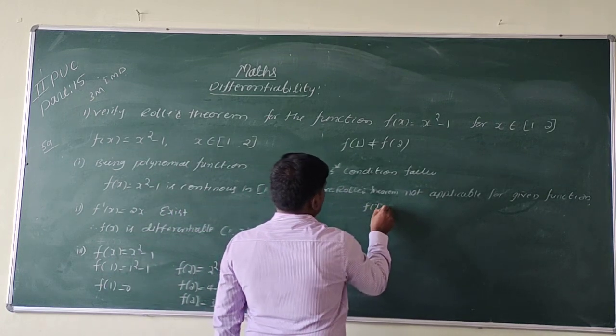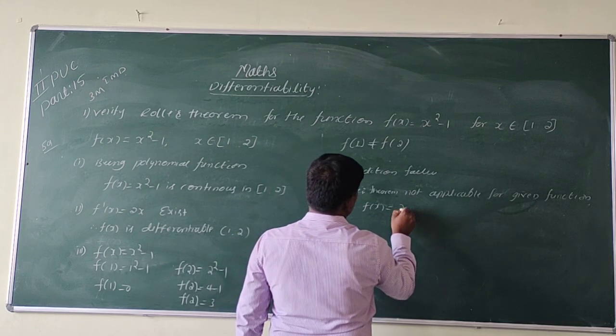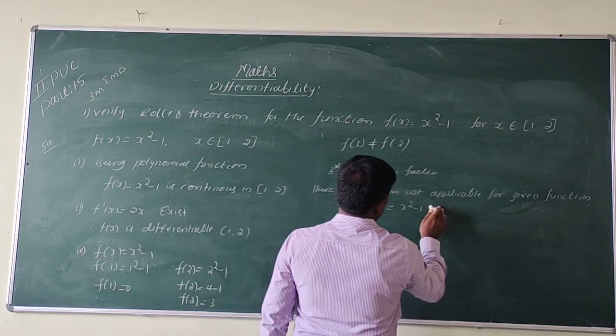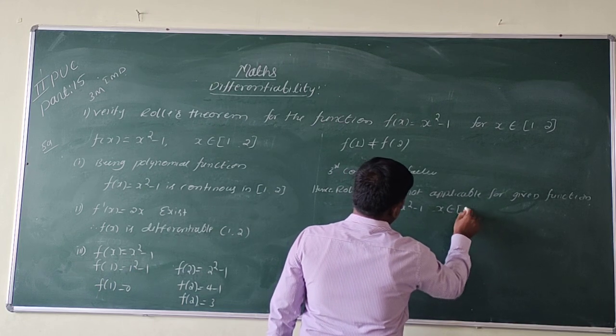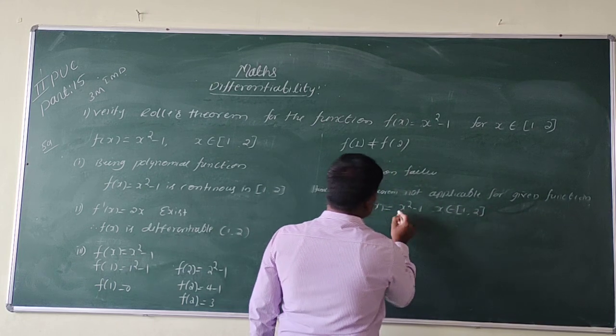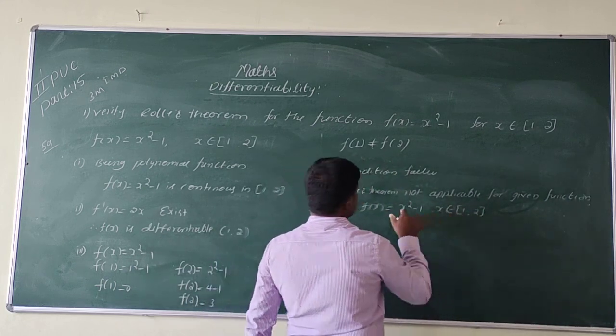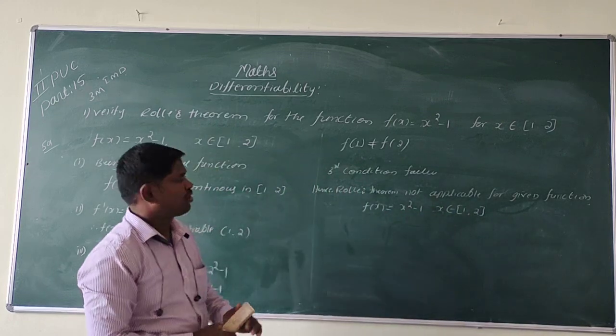If it satisfies all the conditions, then this is applicable. Hence Rolle's theorem is not applicable for the given function, f of x is equal to x square minus 1, x in 1 comma 2. So particularly in this given interval, Rolle's theorem is not applicable.